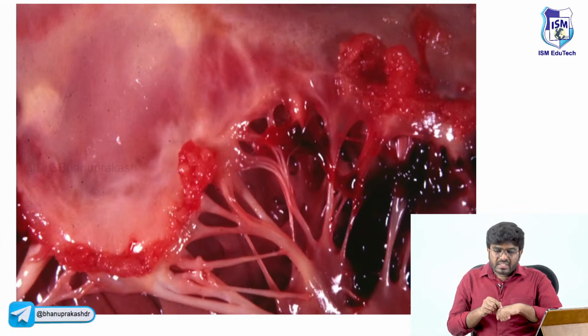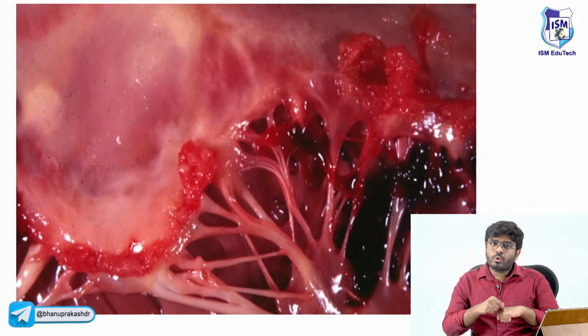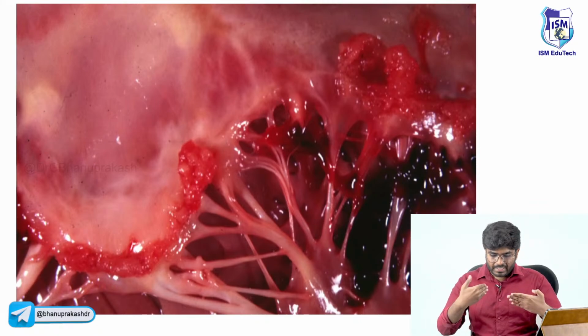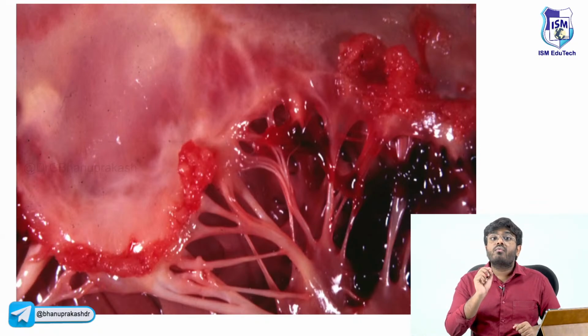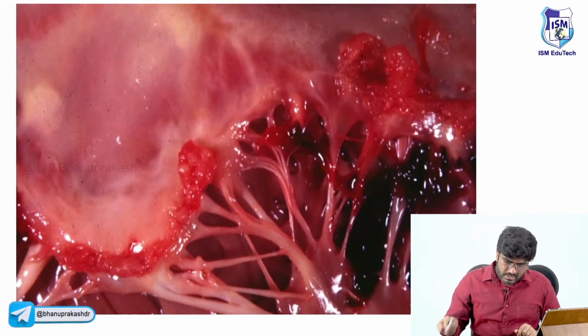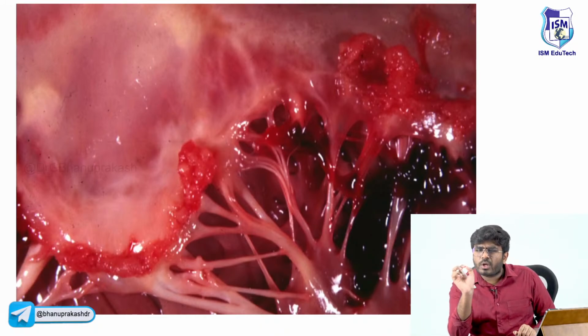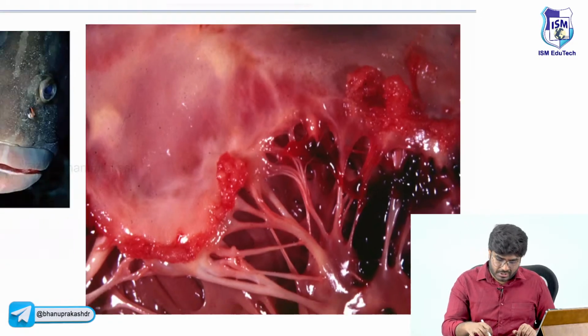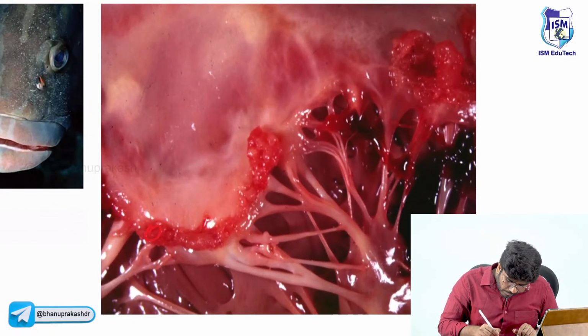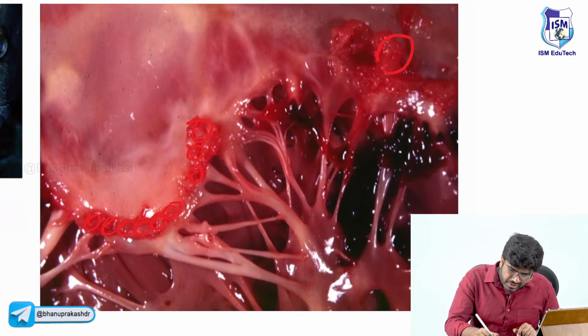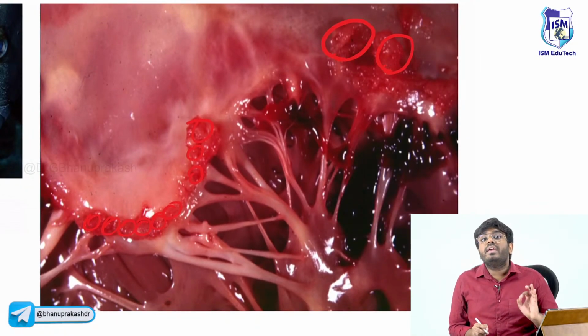Damaged, sir. Whenever there is damage, platelets will start to come and deposit in that area, forming thrombosis, or I should say small thrombi, which are nothing but called vegetations. Here, are you able to appreciate these small vegetations? Now where will you see these vegetations?